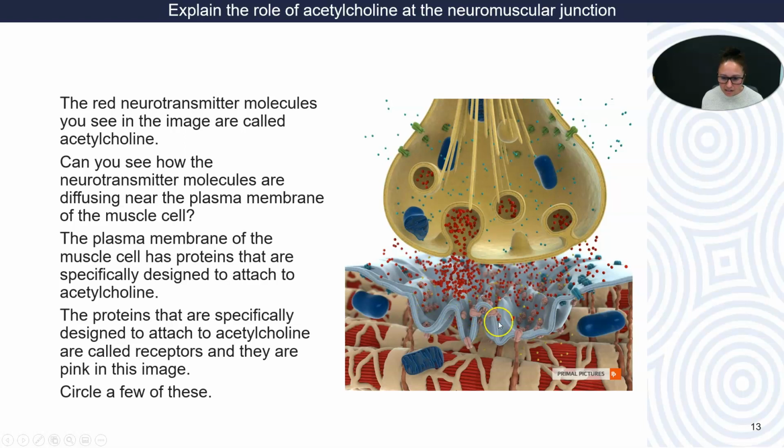Those little pink structures are receptors or channels designed to bind to acetylcholine. So these little pink guys are acetylcholine receptors. Have a look in this picture and see if you can circle a few of those. As you can see in the picture, acetylcholine is already stuck to some of them. All right?